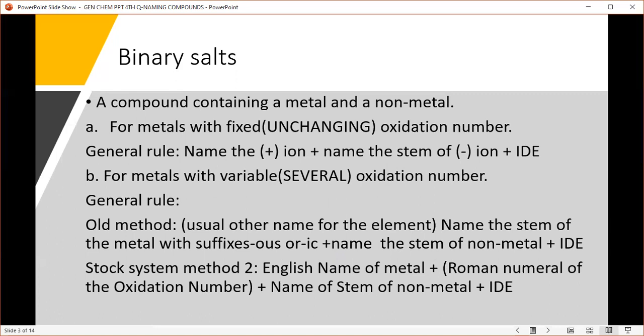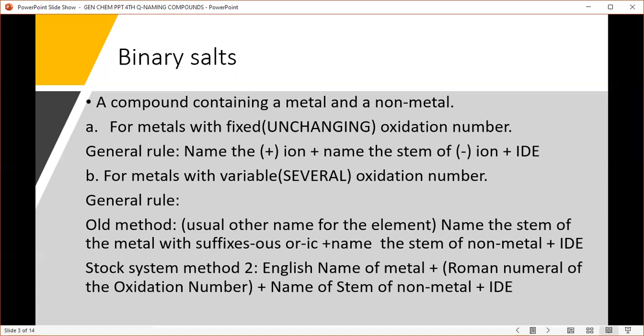Class, you might be asking, when will we use OUS or IC? It will depend. If you can see that the oxidation number used is lower compared to its other oxidation number, then we will be using OUS.